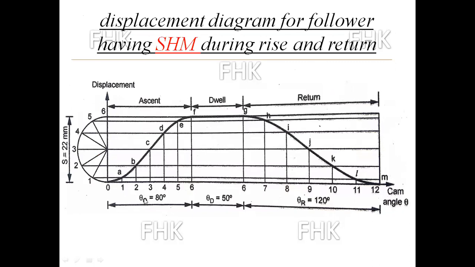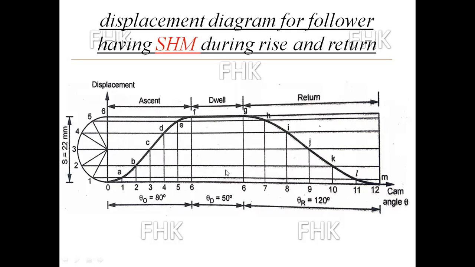Angle of outward stroke is given 80 degree, angle of dwell is given 50 degree, and angle for return stroke is given 120 degree. I will draw the displacement diagram for simple harmonic motion of the oscillating follower, with intersection points A, B, C, D, E, F, and in the return stroke G, H, I, J, K, L, M.